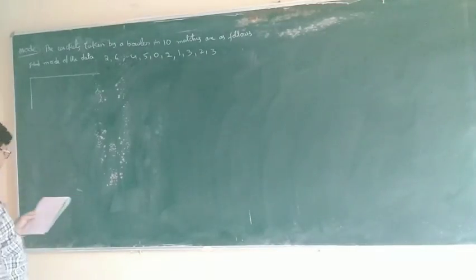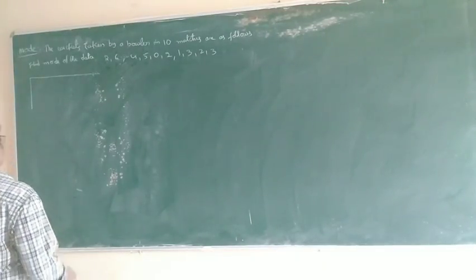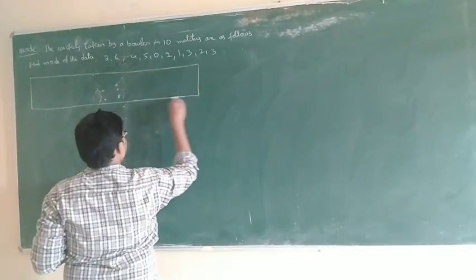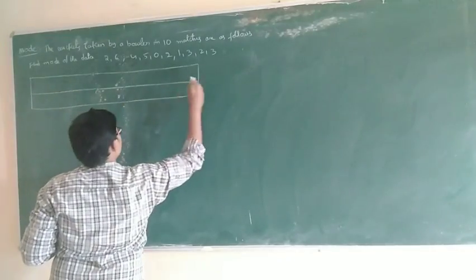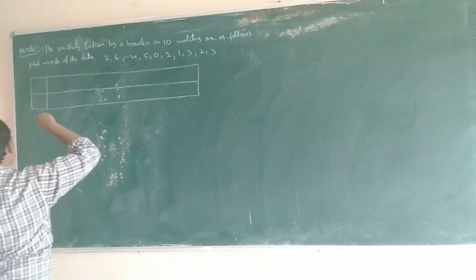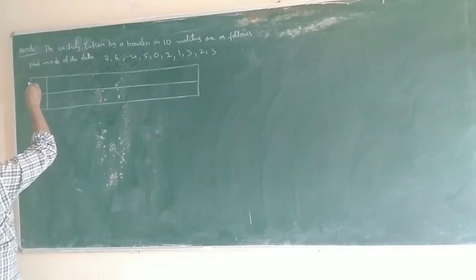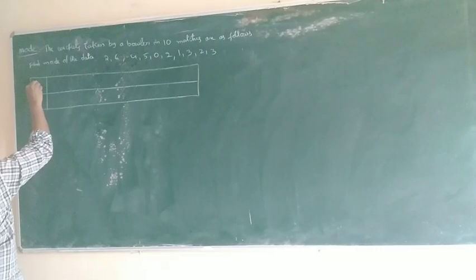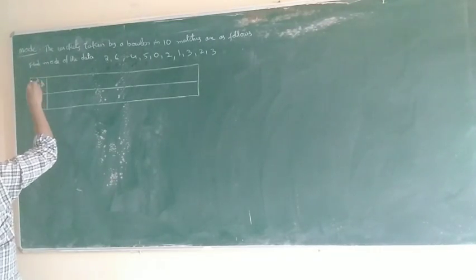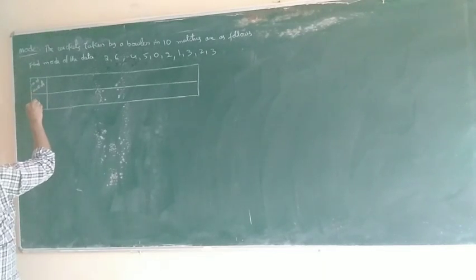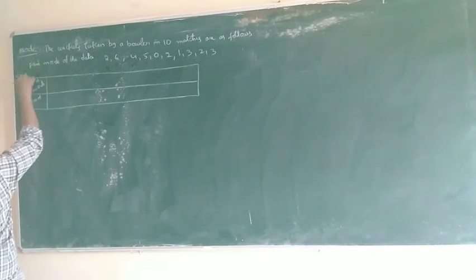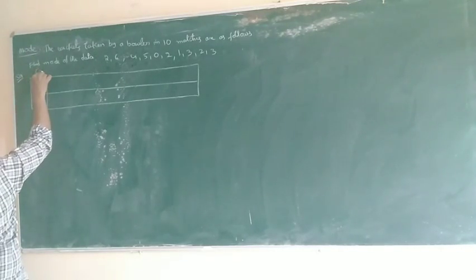This is the definition. Number of wickets, number of matches. Solution: first construct the table.